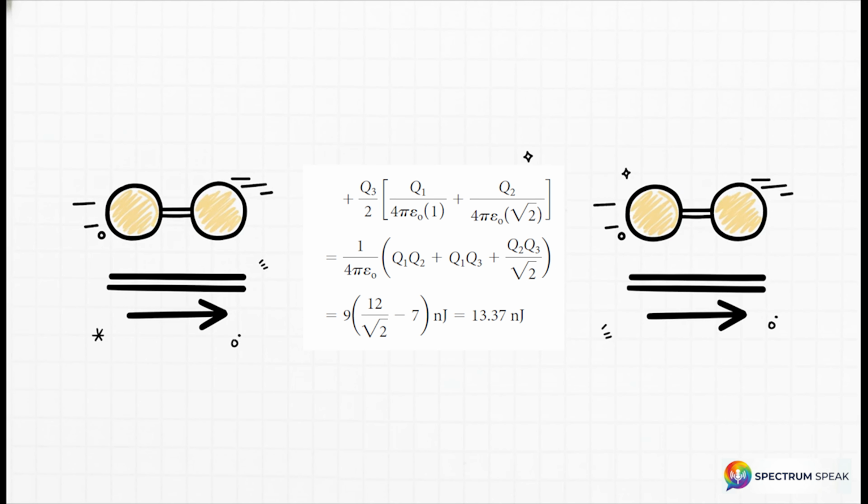Now, what's really cool here is how beautifully the math cleans itself up. If you factor out the constant, 1 over 4 pi epsilon naught from every single term, look what you're left with inside the brackets. Just a really clean set of fractions. It's simply the product of the interacting charge pairs divided by the physical distance between them. So Q1 times Q2 over 1 plus Q1 times Q3 over 1 plus Q2 times Q3 over the square root of 2.